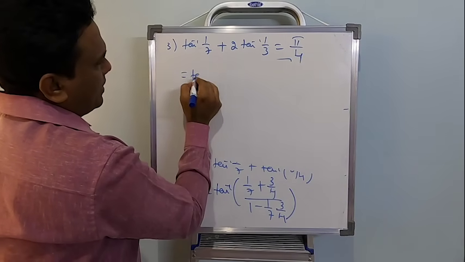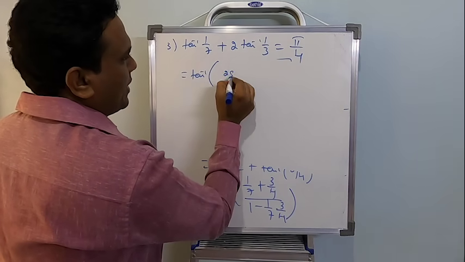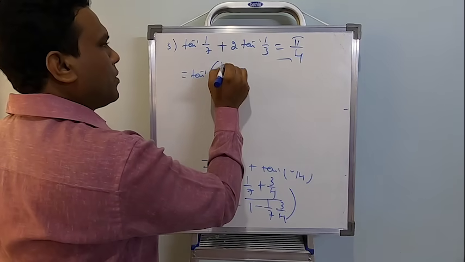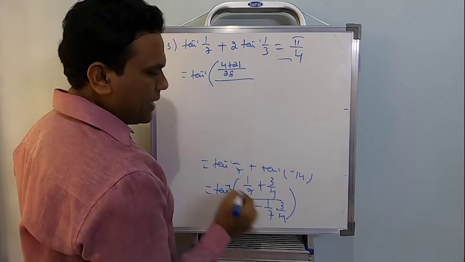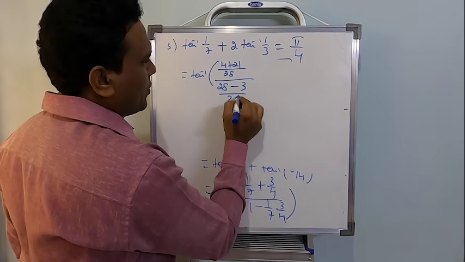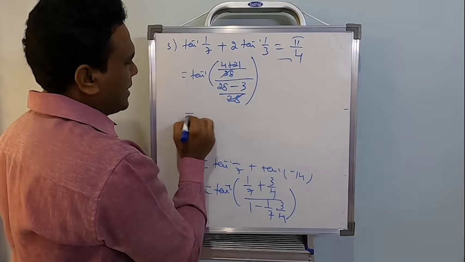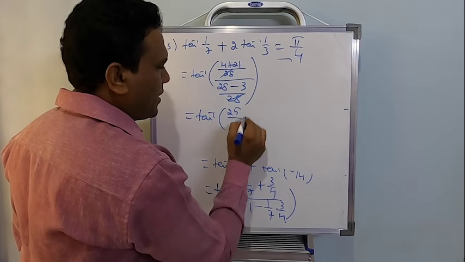So further it can be written as tan inverse of, on taking LCM, the LCM will be 28, so 4 plus 21, and in the denominator 28 will be the LCM, 28 minus 3 by 28. 28 gets cancelled. What is the remaining? 25 by 25.